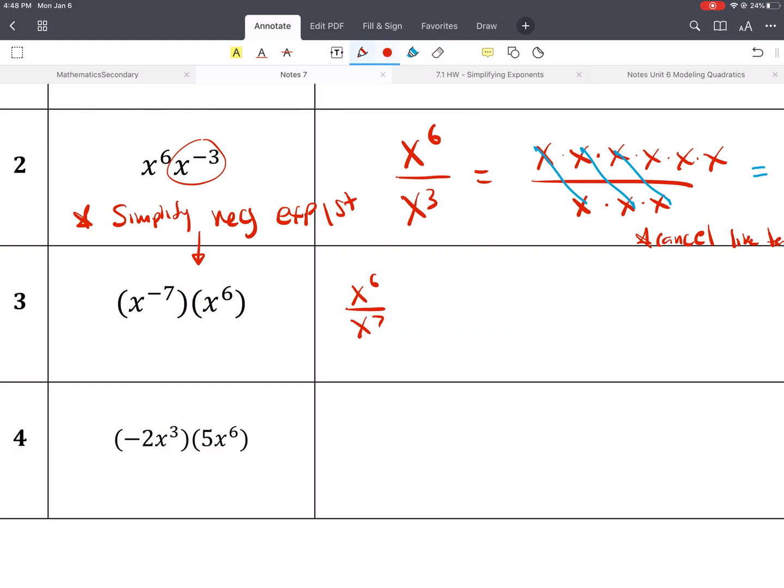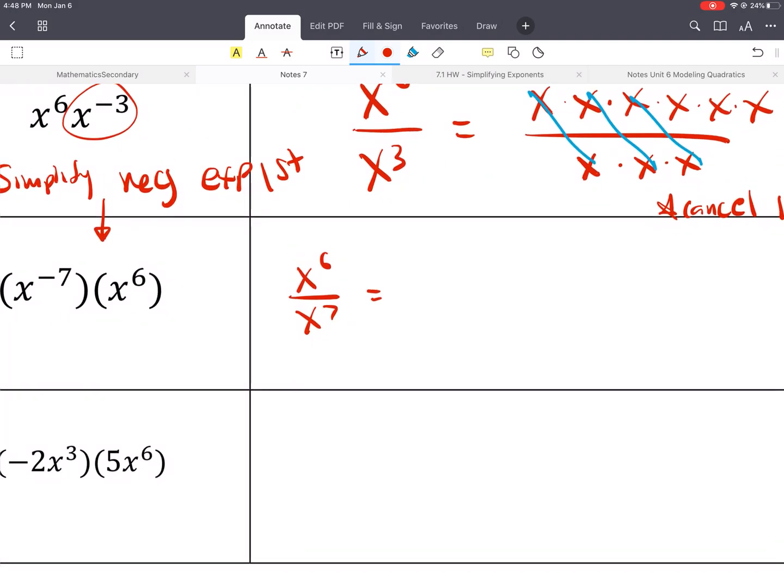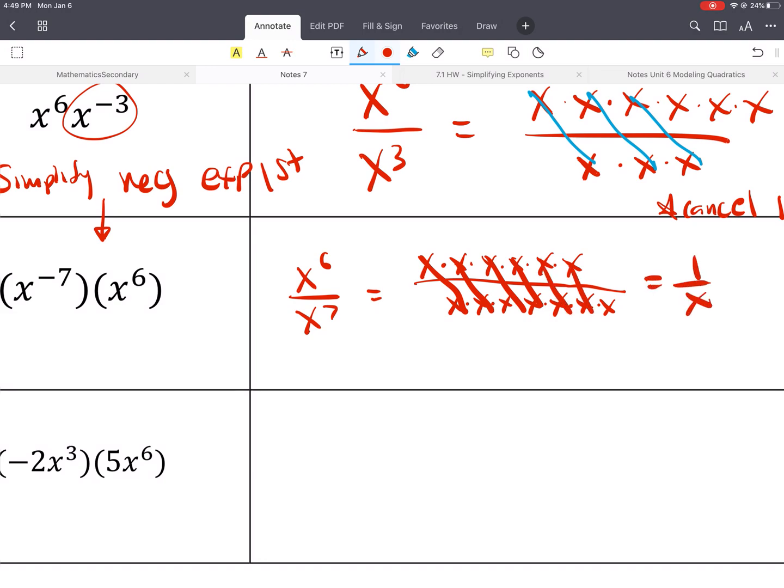Another way is if we have the same base. So here we'd have x times x times x times x times x times x over x times x times x times x, 7 times. Then we can cancel out x's that way, and all that leaves us with is 1 over x. So that's one way to do it.